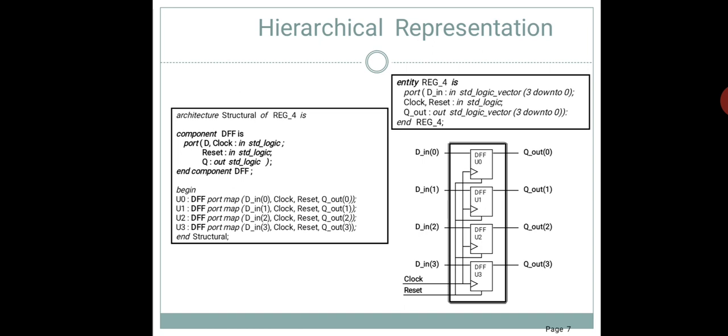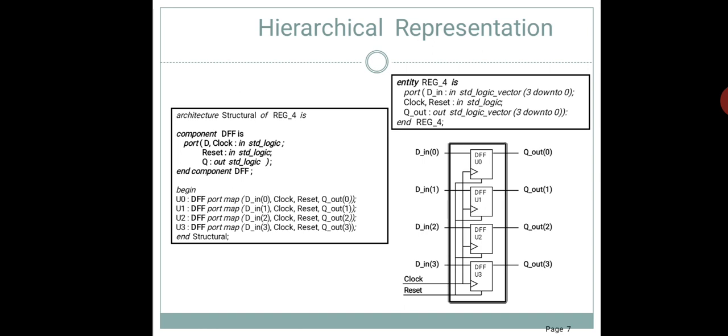How will we introduce this D flip flop? By using a component statement. So component, the name of the flip flop is DFF is, and whatever we have taken up in the entity of the D flip flop, the same position or same sequence should be maintained.